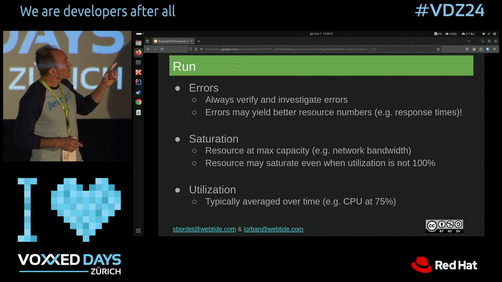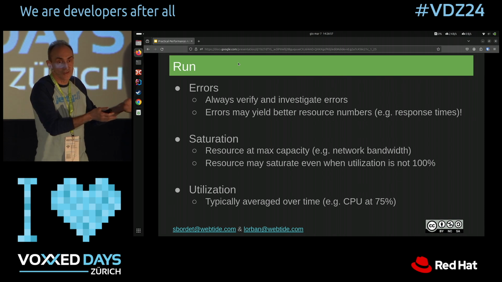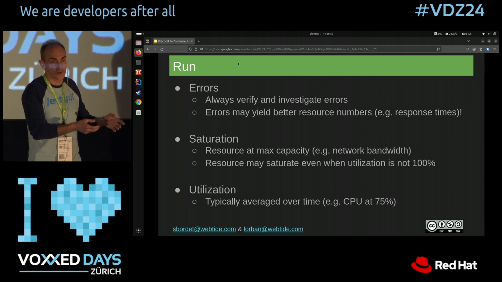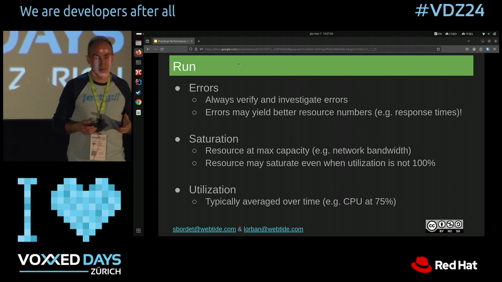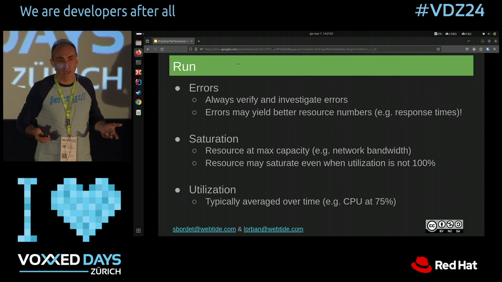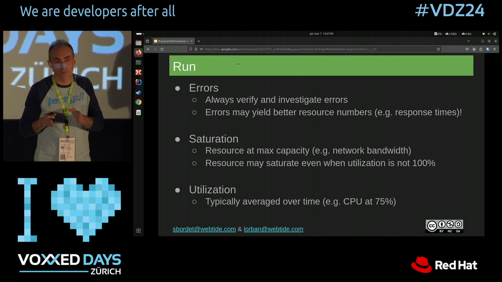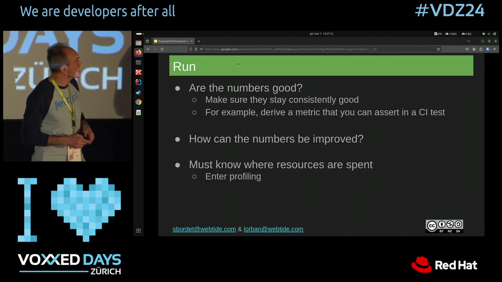And so that's the difference between saturation and utilization. Utilization is an average of the usage of this particular resource over time. So the fact that you see 70% utilization of CPU means that in that period of time, the CPU was 70% busy, but what does that exactly mean, okay? We'll see in a second an example.